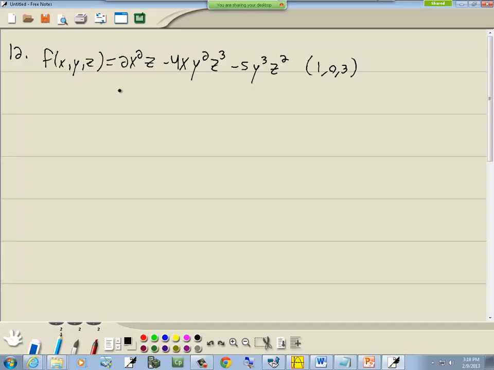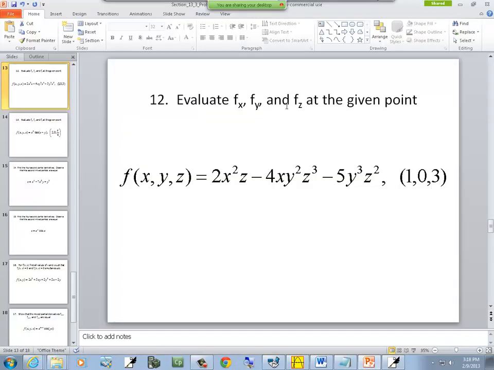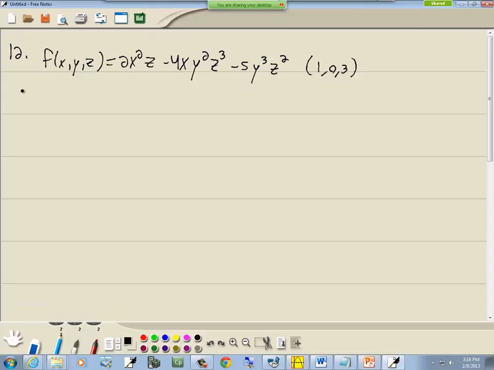Yep, that all looks right. And evaluate the three partials at the given point, so we need to find them.